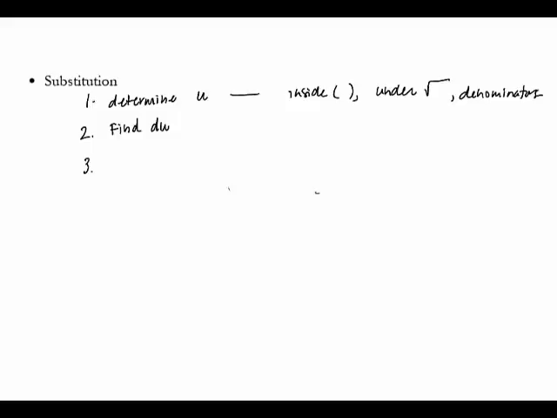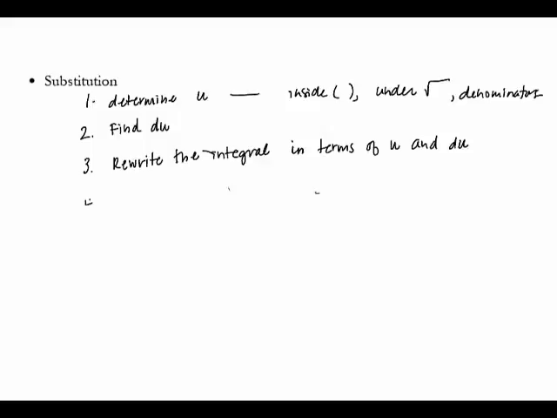So find du, simple differentiation of the u we've selected. Then use this u and du to rewrite the integral in terms of u and du. We need to make sure it's a total change, completely 100% into u and du.